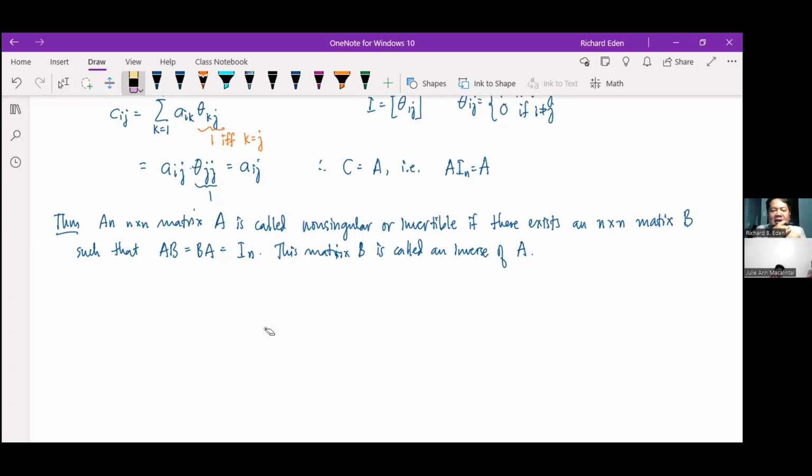But hold on, sorry, this should not be a theorem, but rather a definition. We're defining what it means for a square matrix A to be non-singular. It's when there exists an inverse. But how do you know this inverse is unique? So we must prove that there's only one inverse, so that then we can refer to this as the inverse of A.